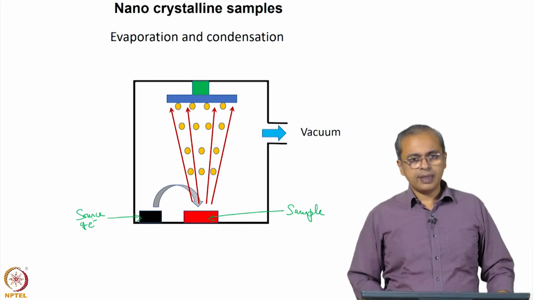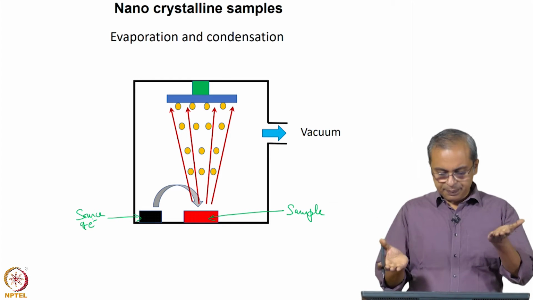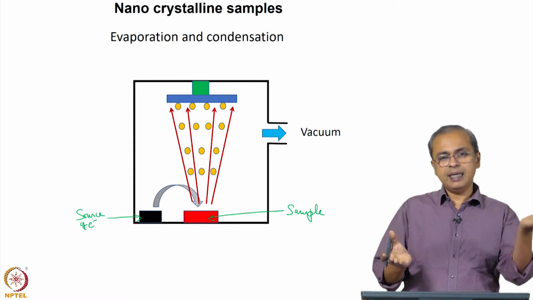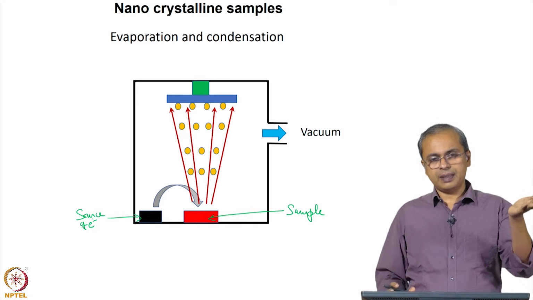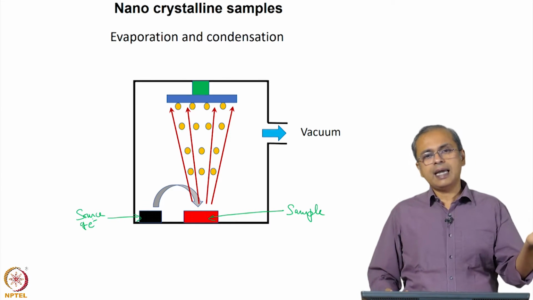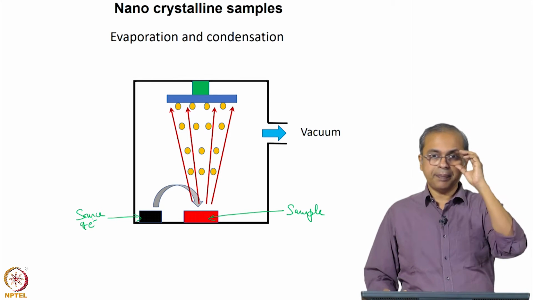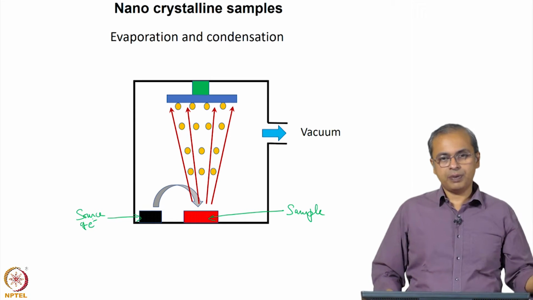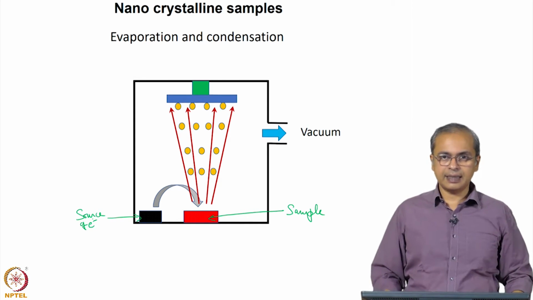If you charge the sample versus the source of electrons appropriately, electrons will get off the source and get accelerated, and the sample, which you keep at a positive potential, will attract them and they will hit it.